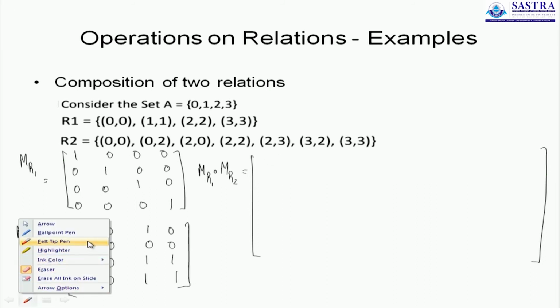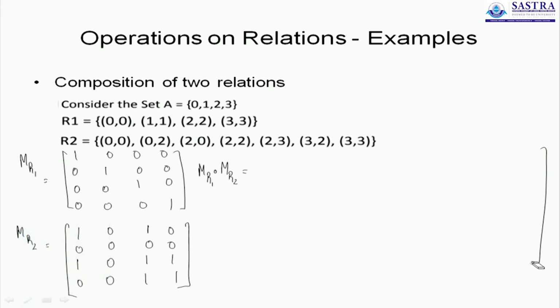You can perform the multiplication, and in this case the multiplication is easier here because one of the matrices is the identity matrix. MR1 is I4, the identity matrix, times MR2. So we'll get MR2 back. You can recall this property from the basics of matrices. You multiply any matrix with the identity matrix, the resultant matrix is the same.